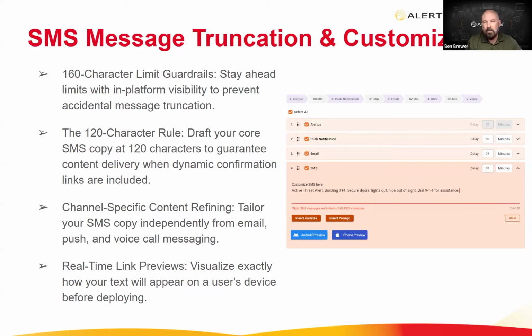It's beyond any distributed recipient mass notification system's control to influence, because the 160 character limit is an industry standard when it comes to SMS messaging. AlertAware has implemented the 160 character limit hard basically over the last 17 months or so.